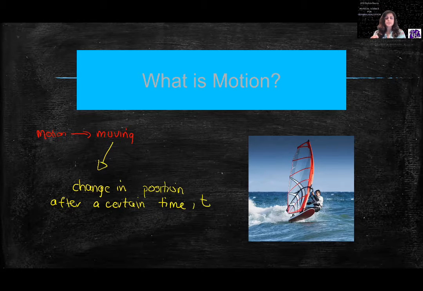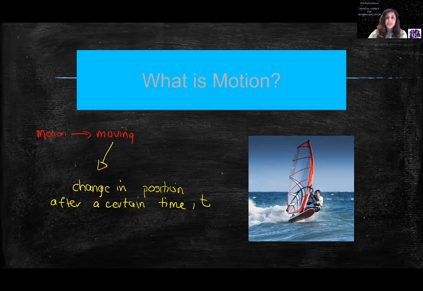Now, let's think about some things about motion. If you left a cup of water on your desk and you come back an hour later and the cup of water is still at the same point you left it on the desk, has the cup of water moved? Now, that's kind of like a trick question, because one might say, no, the cup of water has not moved because it's in the same spot I left it.